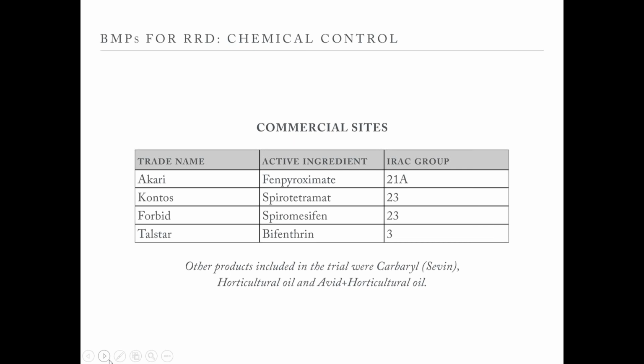Now, just to note, they did have a couple other products in the trial. One of those was Seven, or Carbaryl, and it was not effective at all. It had similar results as the water only, so near 100% incidence. So Seven would not be a good product for preventing rose rosette. Also included in the trial were horticultural oil alone or Avid Plus horticultural oil.